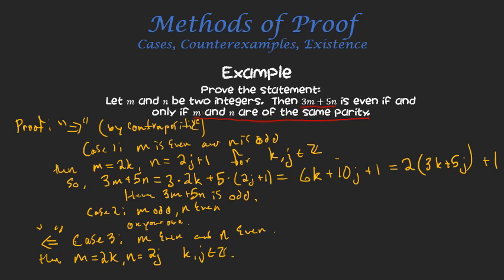And now we want to show that 3m plus 5n is even. Then 3m plus 5n is 3 times 2k plus 5 times 2j, 6k plus 10j, and we can factor 2 out so that we know it's even.